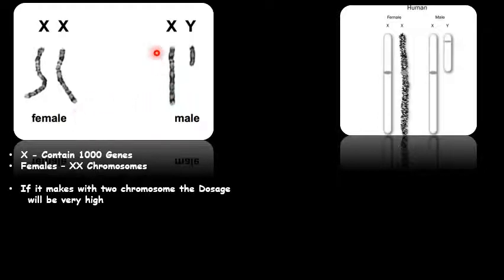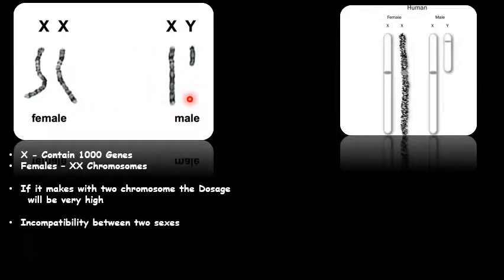So in males we have 1,000 genes that produce various proteins and perform functions, while in the female, since we have two X chromosomes, the number of genes will also be increased, and the proteins produced from these two X chromosomes will also be double compared to male animals.